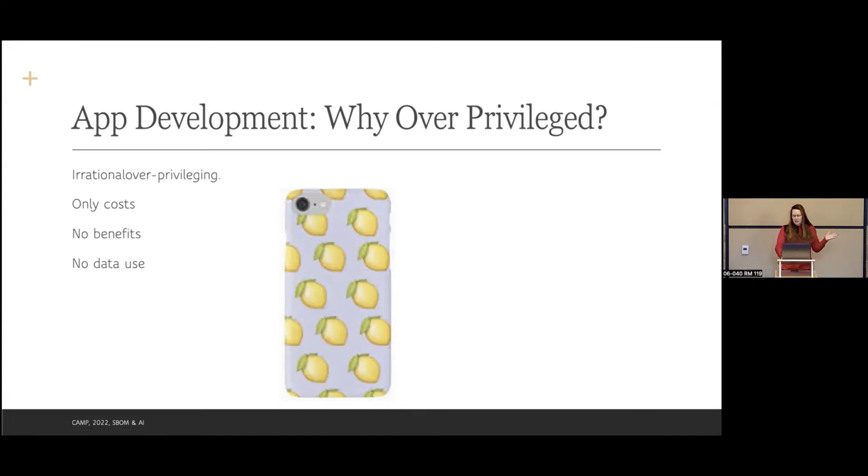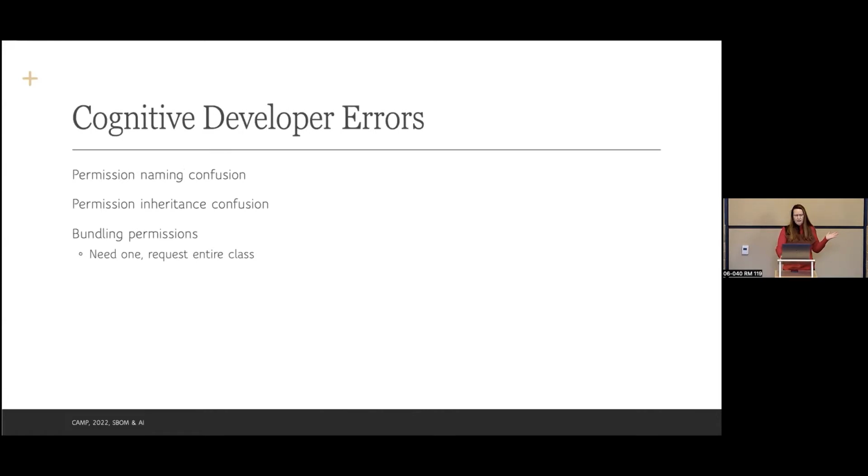In fact, when they look at it, they find deprecated permissions the code can't use. And why do they do that? Because, shocker, developers are people too. They have permission naming confusion. They have inheritance confusions.